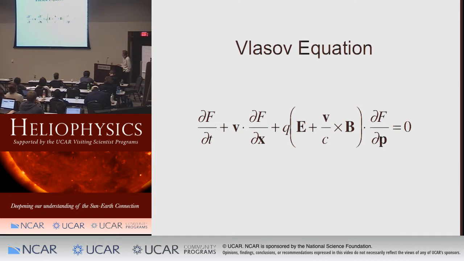Now, you might say this is really the starting point, but it isn't really, because this is a one-particle distribution function, and so this is actually a reversible equation. It conserves entropy. It has no collisions in it. These electric and magnetic fields in this picture would be given by just the average fields created by all the other particles.